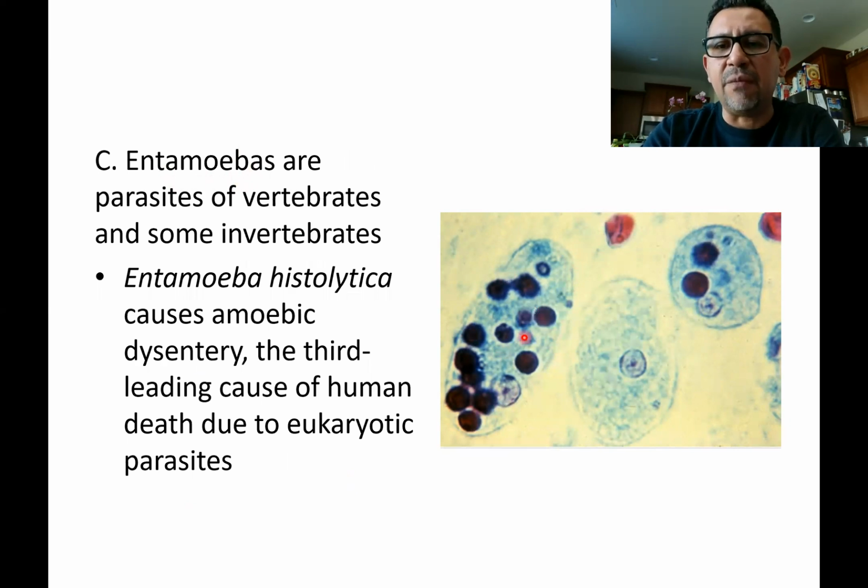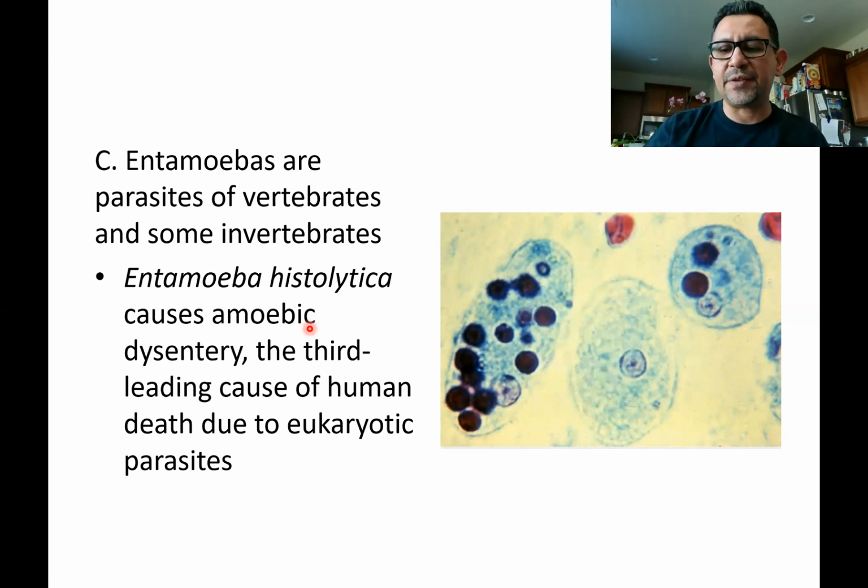They do have an amoeboid type of movement, but not the long extensions of the cytoplasm. Here you see a picture of Entamoeba histolytica. This is one that is notorious for causing a gastrointestinal disease, which can be severe, known as amoebic dysentery. It's going to be the third leading cause of death in humans around the world, amoebic dysentery.